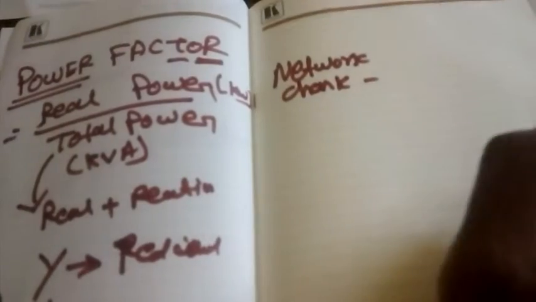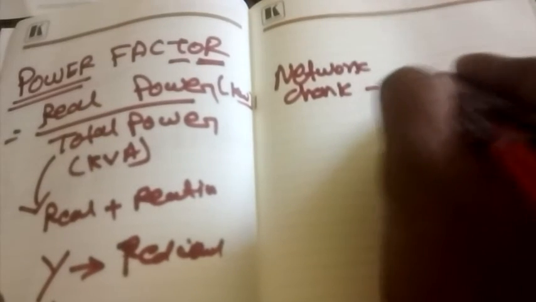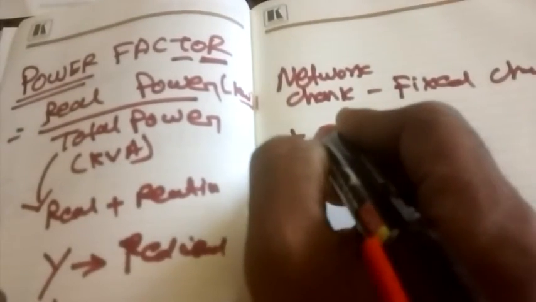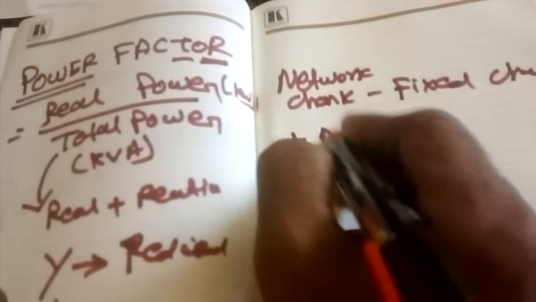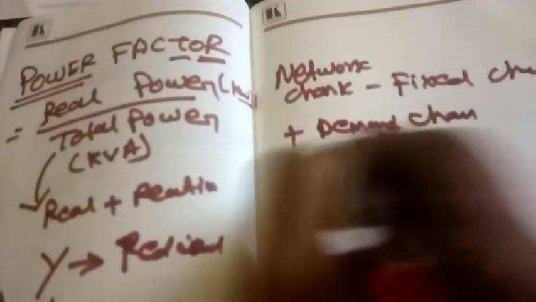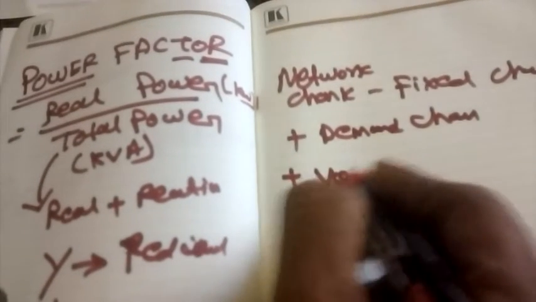Network charge, that means how your monthly bill total is charged. Just see, network charge is a fixed charge. Then maximum demand charge, plus volume charge.